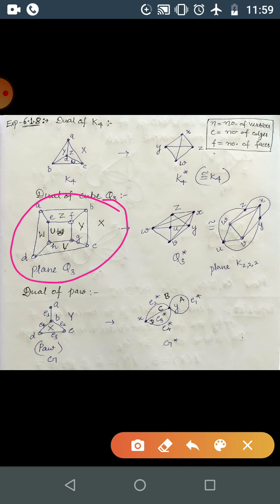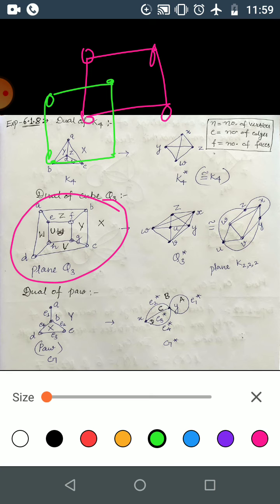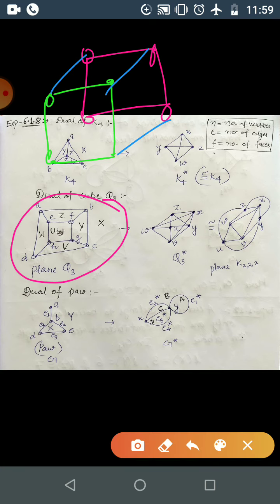K cube is Q cube, or you can just say Q3 is the cube in 3 dimensions, and the cube in 3 dimensions looks like this one. Correct. So this is a cube in 3 dimensions. So this is not planar because here edges are crossing each other, correct.